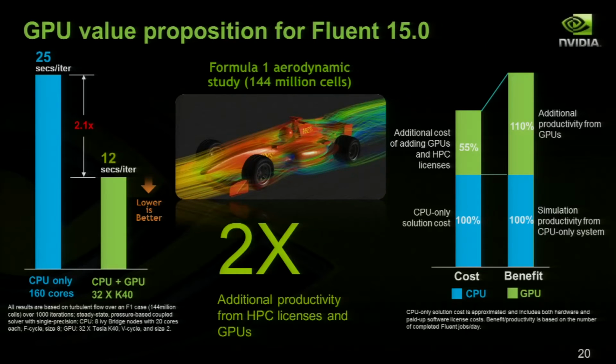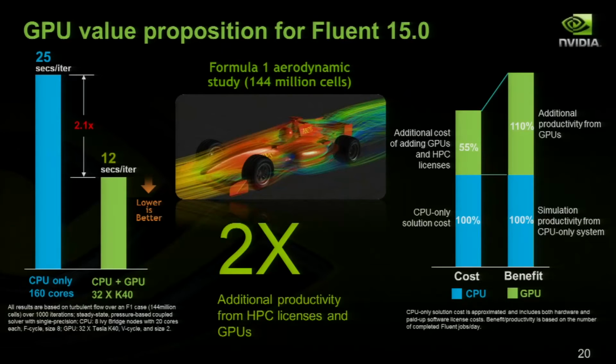This one was run on 8 nodes. If I take the hardware costs and a Fluent license on 160 HPC licenses, I am showing that as 100% on the cost. Now, adding 32 GPUs and 32 additional licenses would cost me 55% more.